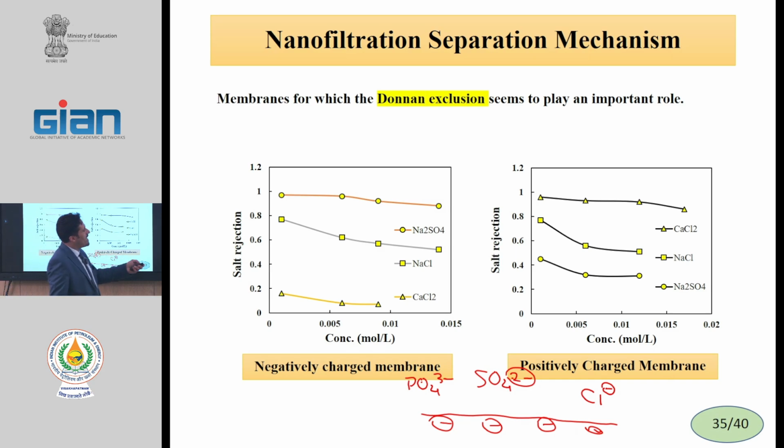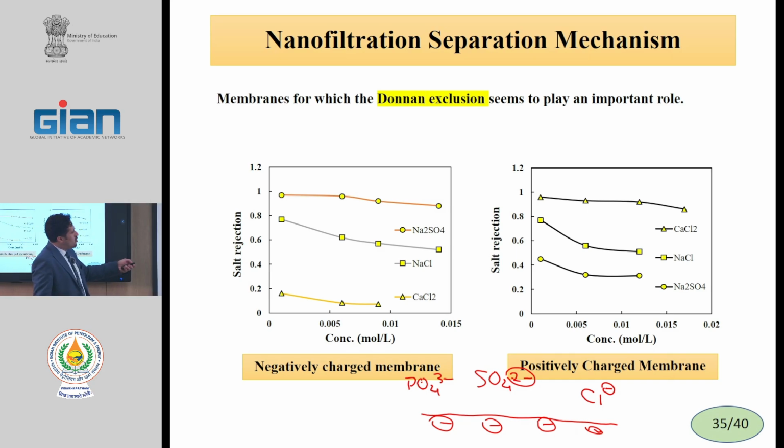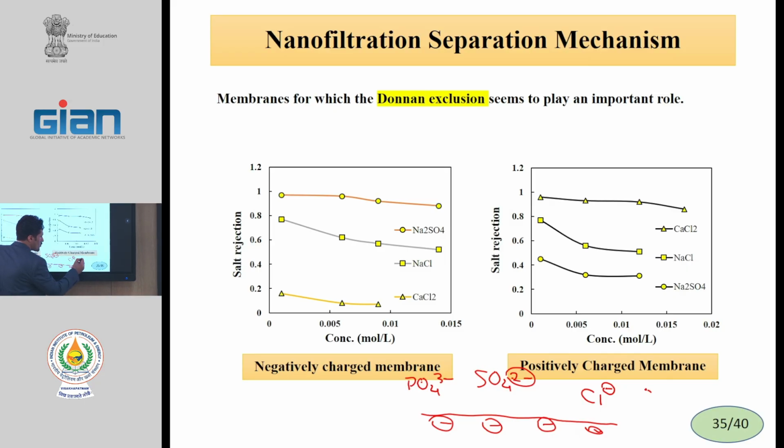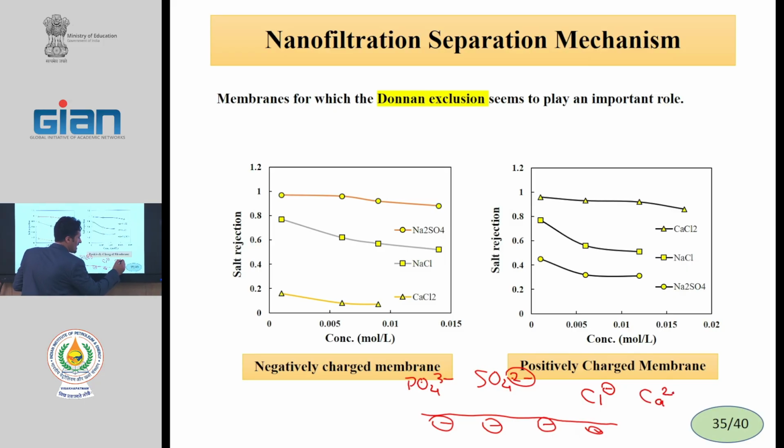But when we compare the chlorides, the chloride is similar, but the cation is sodium or calcium. Calcium has 2 plus, okay? You see that the chloride is similar, but changing sodium to calcium, the rejection is reduced. Why?